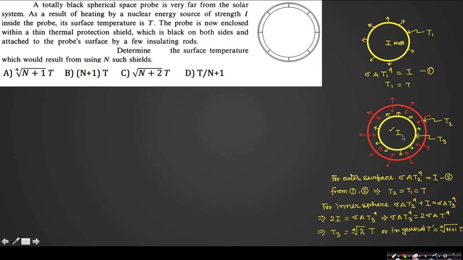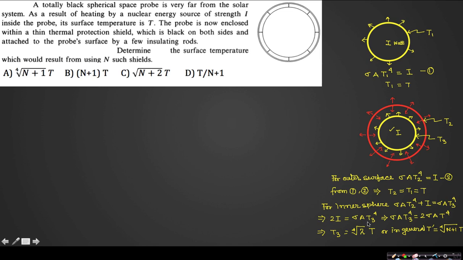So sigma into A into T2^4 plus I, the total incoming power, is equal to sigma A T3^4, the total outgoing power for the spaceship. You can understand this equation, and then I will put the value of I here. Instead of I, I can write sigma A T2^4.